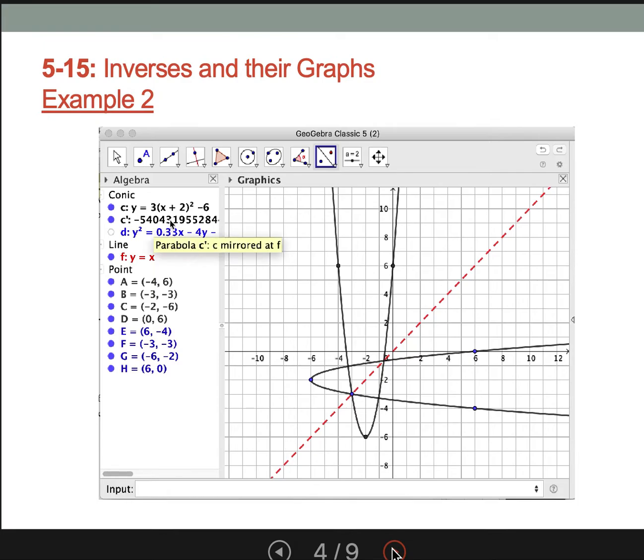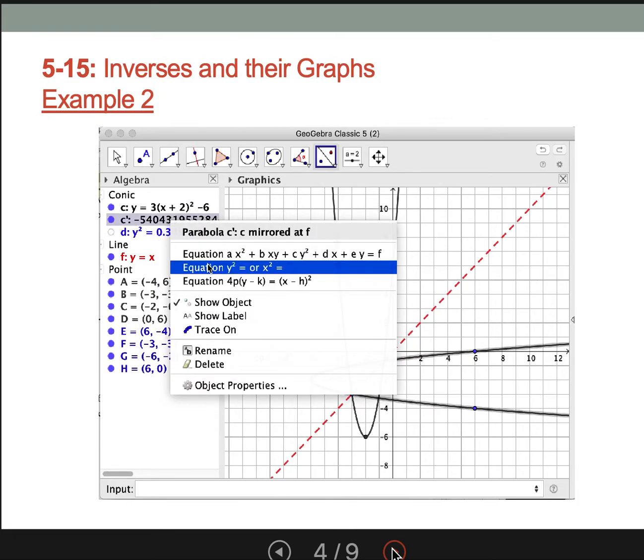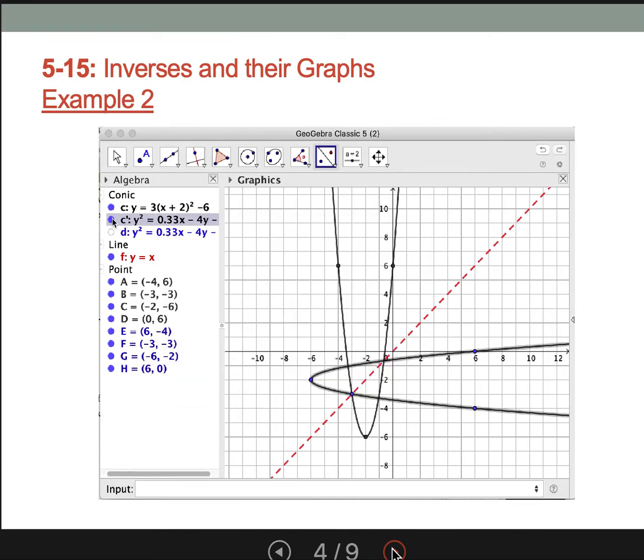You can see the reflection, C prime, is the same equation as that sideways parabola that goes through these points. So again, the inverse relationship is a reflection over the line y equals x of the original function.